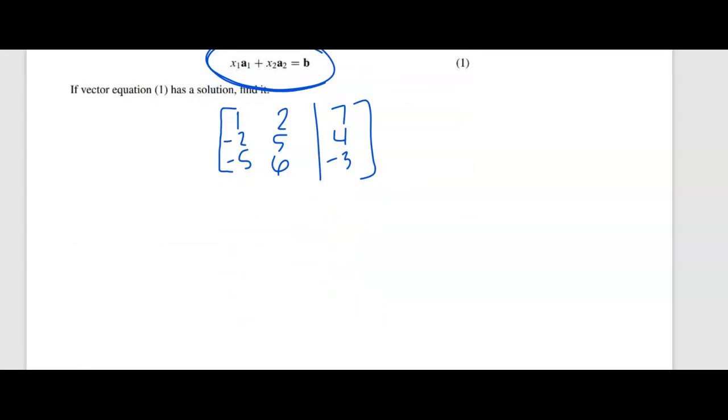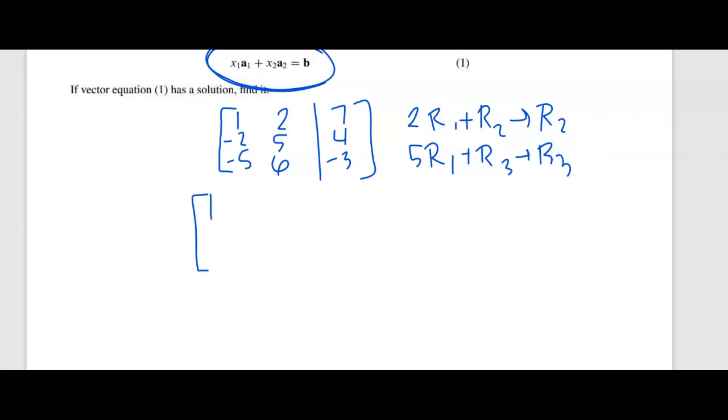All right, so the first thing I'm going to do is look at 2 times R1. I'm going to add that to R2 and put that back into R2. And I'm going to take 5 times R1, add that to R3 and put that into R3. So row 1 stays the same.